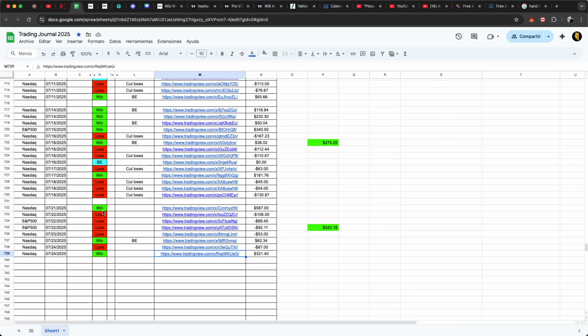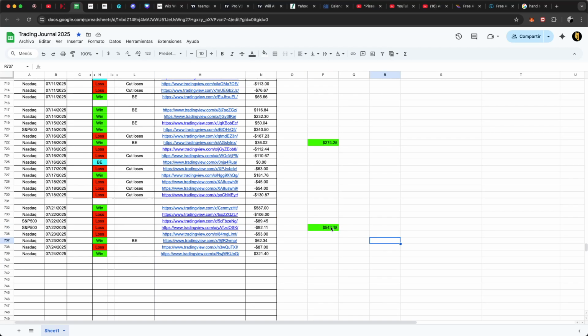Made some mistakes, and yesterday had a couple losses, all of them pretty much I was cutting losses on all of them, right? And I'm still in profits, right? Do you see my winning rate for this week? It's pretty bad, but the wins are normally bigger. I won this 587, 321. So overall, that's the profit for this week so far.